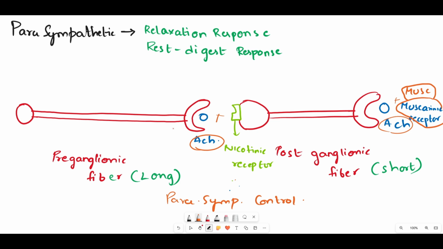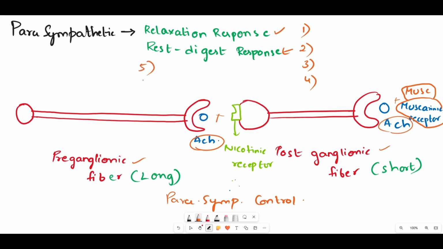Let me just give you the points once again for this. For the parasympathetic nervous system, the first points you will be writing are that this will be preparing our body to give a relaxation response, so this is also called the rest and digest response. The third point is that this will consist of preganglionic fibers and a postganglionic fiber that are connected in the ganglia. The fourth point is that the preganglionic fiber is long and the postganglionic fiber is short.